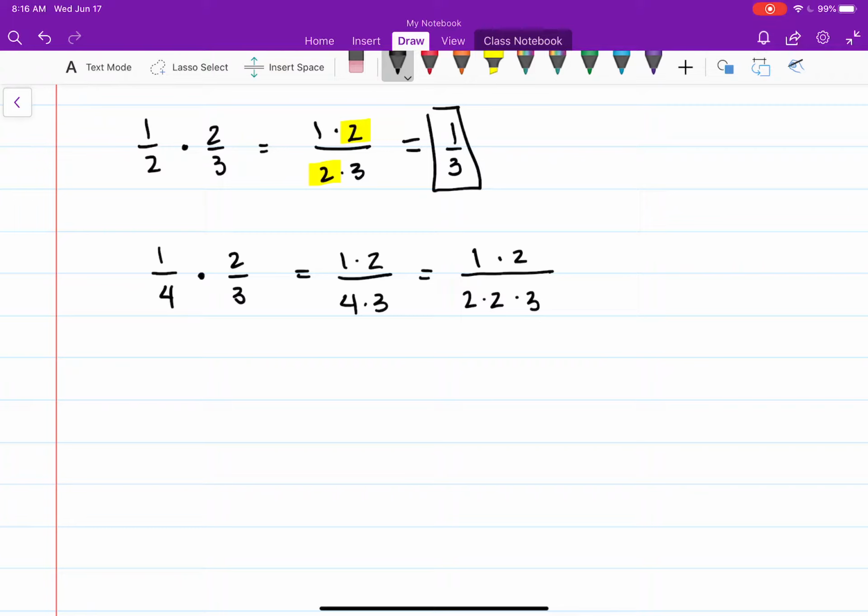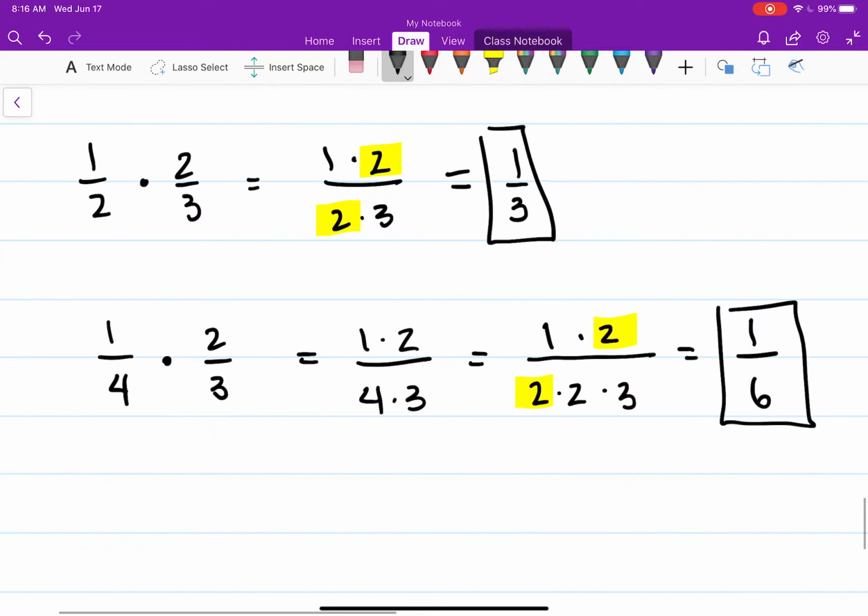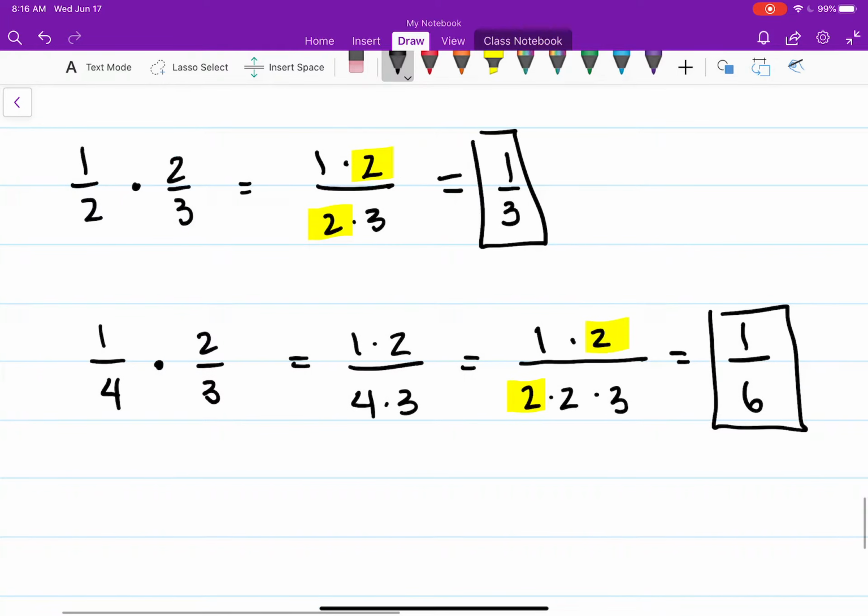Now I can say, look, the 2 and the 2 are common. So what I have left is 1 over 2 times 3, which is 6. That would be my answer. Same idea. Essentially, I'm starting with multiplication, but what ends up happening is the top is all together and the bottom's all together anyway.